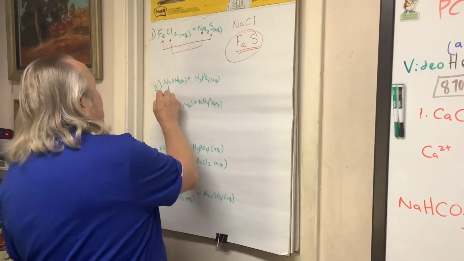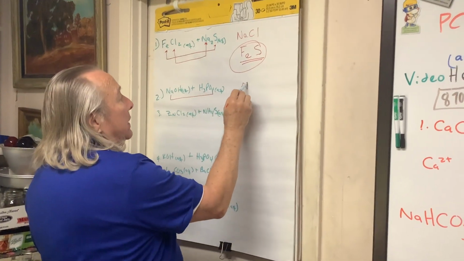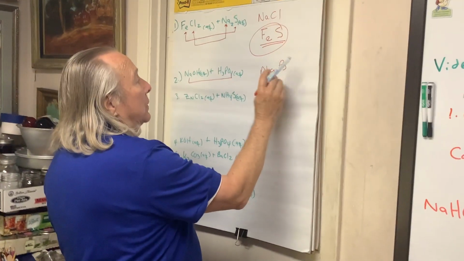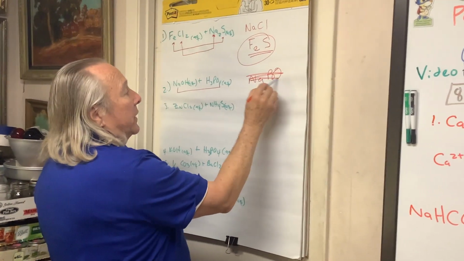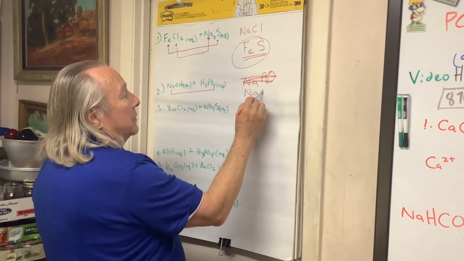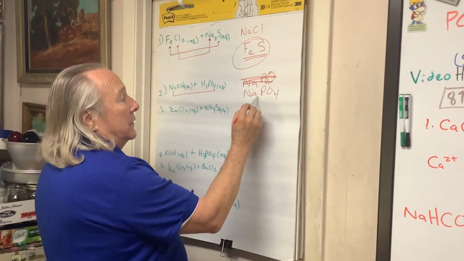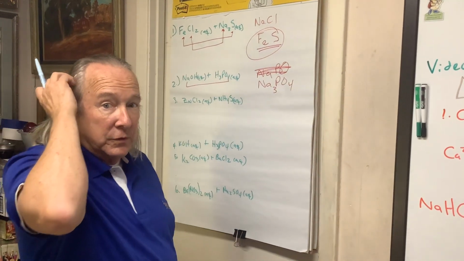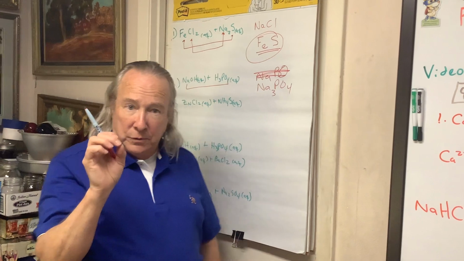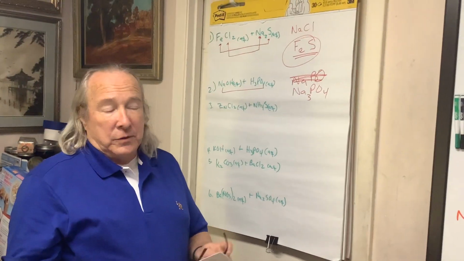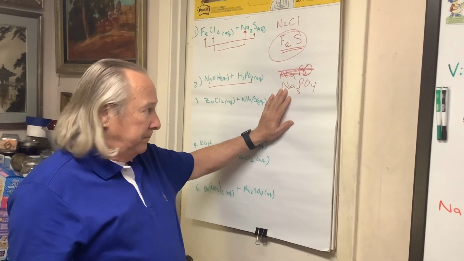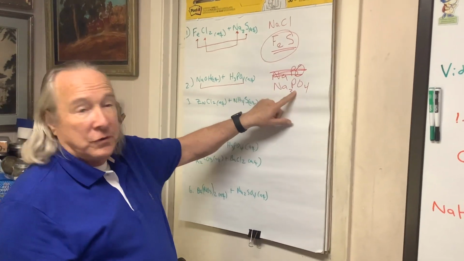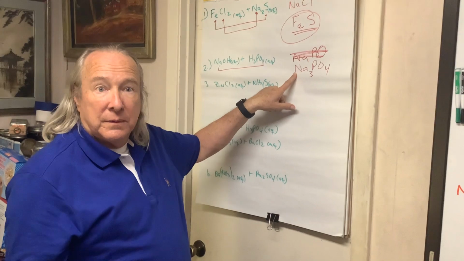If I have sodium phosphate, Na3PO4, this would need 3 sodiums because phosphate's always -3, sodium's always +1. You can actually buy this in the store as TSP, trisodium phosphate. This is soluble because it's a group 1 metal.